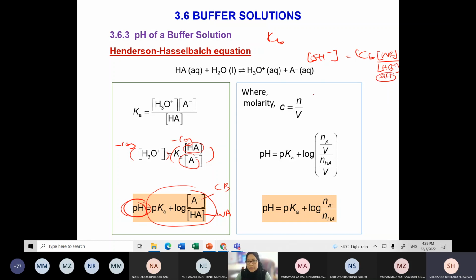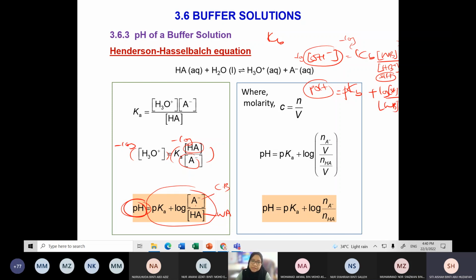Okay, alright. So when you rearrange, macam biasa you negative log kan on both side. Okay, negative log on both side. You akan dapat pOH dulu. Okay, so for base, you akan calculate for pOH dulu. Because you transfer to this side is the OH, bukan H3O+. Okay, so pOH is equal to pKb plus log salt ataupun the conjugate acid over weak base.